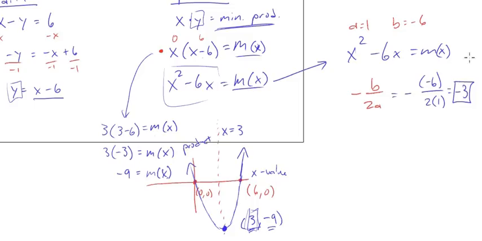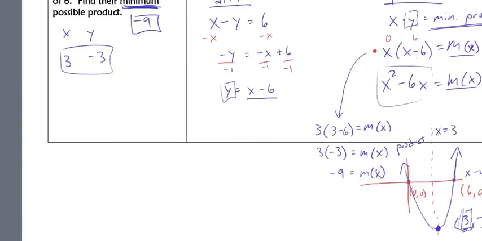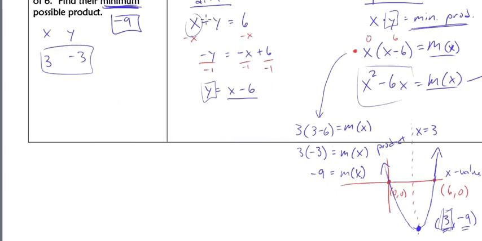Okay, we found that same x value, that 3 would have to be our x, and if we plugged in 3 minus y, and we assumed that earlier, but if it was 3 minus y equals 6, we would subtract 3 from each side and get negative y equals 3, meaning y would be negative 3. And now again, our minimum product, x times y, gives us negative 9.